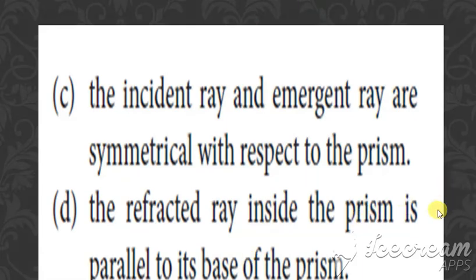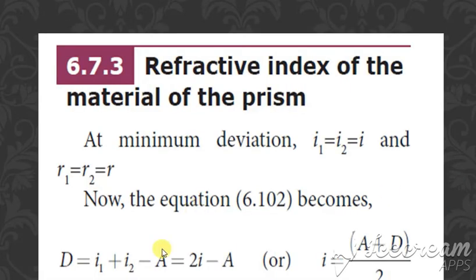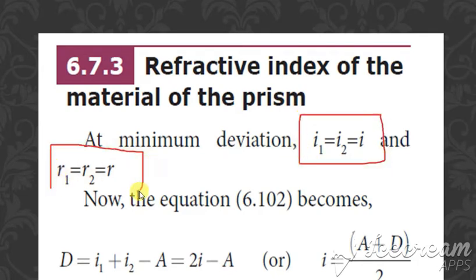Next, we are going to see the refractive index of the material of the prism. For this the condition is i1 equal to i2 equal to i, and r1 equal to r2 equal to r.